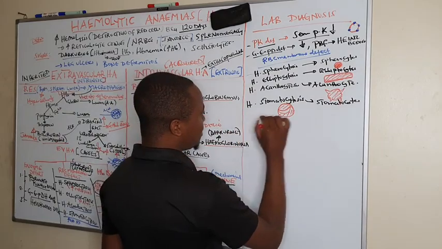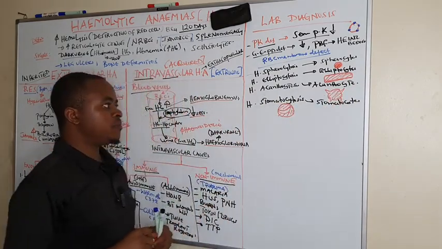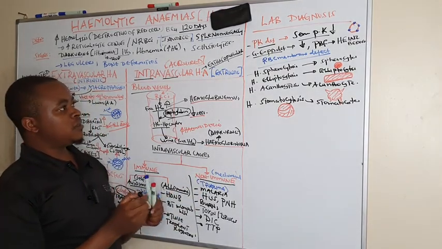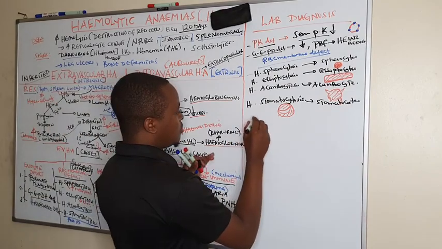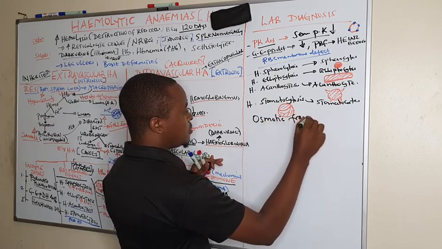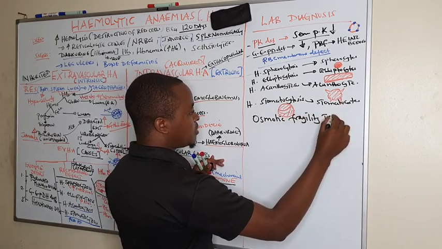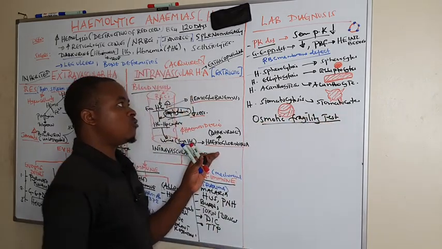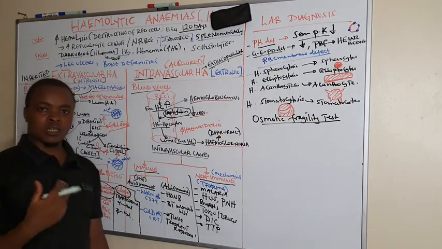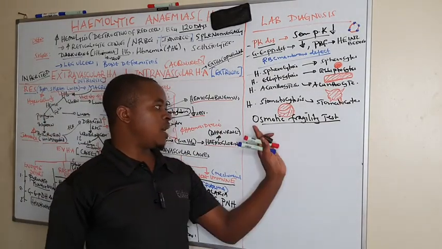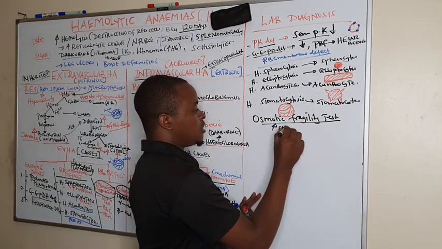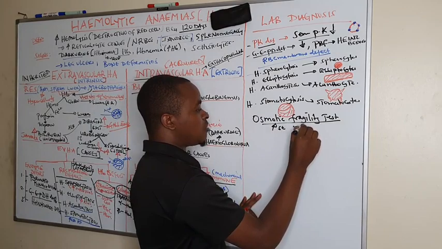But apart from the peripheral thin film, we can also do another test, which we'll call the osmotic fragility test. Osmotic fragility test can also be done for red cell membrane defect due to ankyrin and spectrin cytoskeleton defects, whereby under osmotic fragility, we use decreasing concentrations of normal saline, that is sodium chloride.